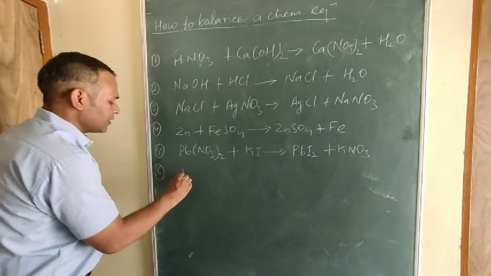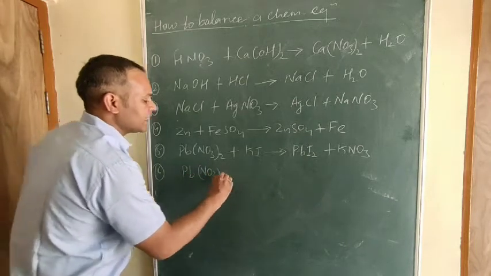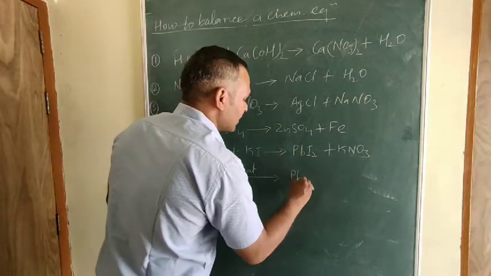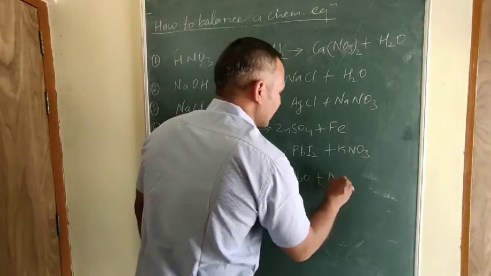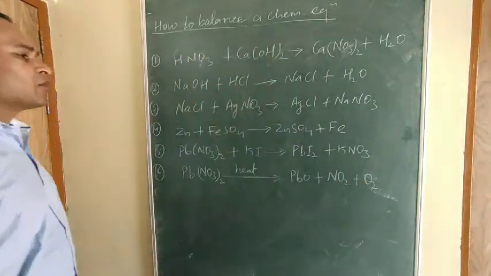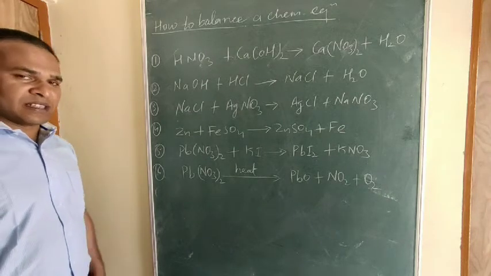Another example, lead nitrate when heated gives lead oxide, nitrogen dioxide plus oxygen. So these are the examples. You can just write them down and balance.